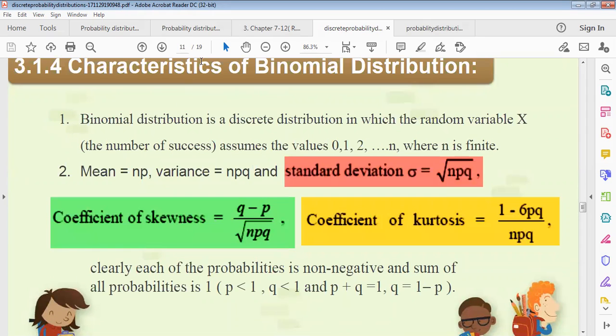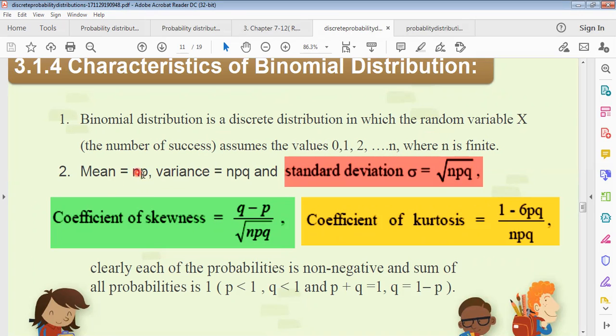Now, the characteristics of binomial distribution. Binomial distribution is a discrete distribution in which the random variable X. You must know there are about 7 discrete distributions and 7 continuous distributions, but the binomial distribution is placed in discrete distributions. In the binomial distribution the random variable X, the number of successes, assumes values 0, 1, 2 up to n, where n is finite.